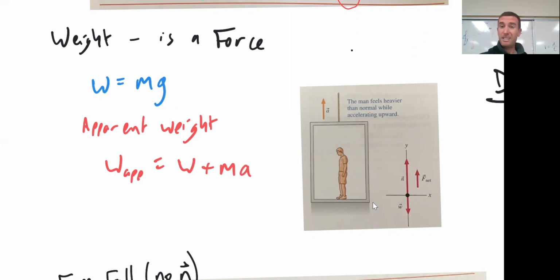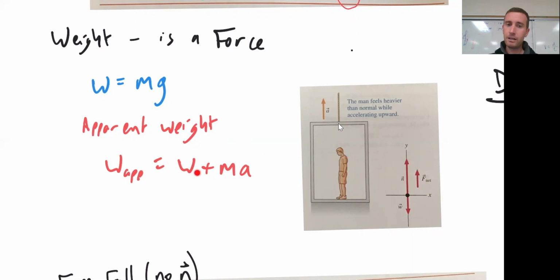You could also feel this if you've been in an elevator. When the elevator accelerates upwards, it's moving a little bit faster, and so it's pushing up more on you, and you get a greater normal force, right? Your real weight hasn't changed, but because you have this extra acceleration upwards, you have an upwards net force, and so you have a greater apparent weight, right?